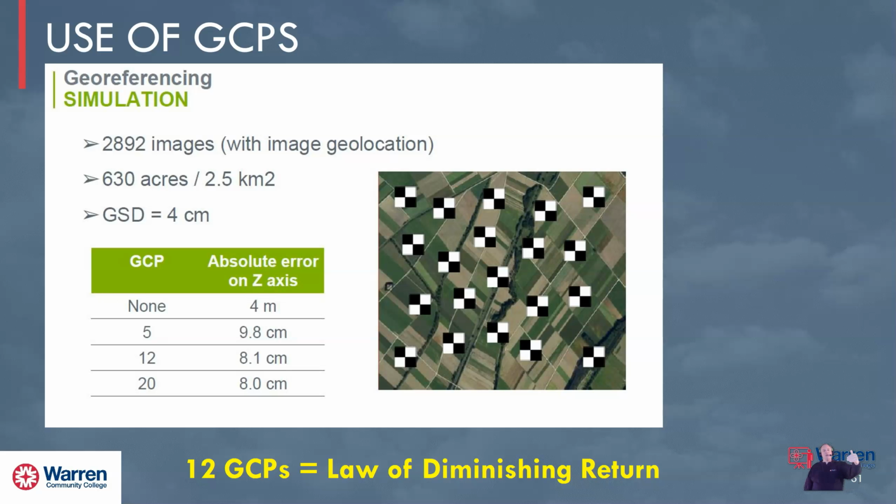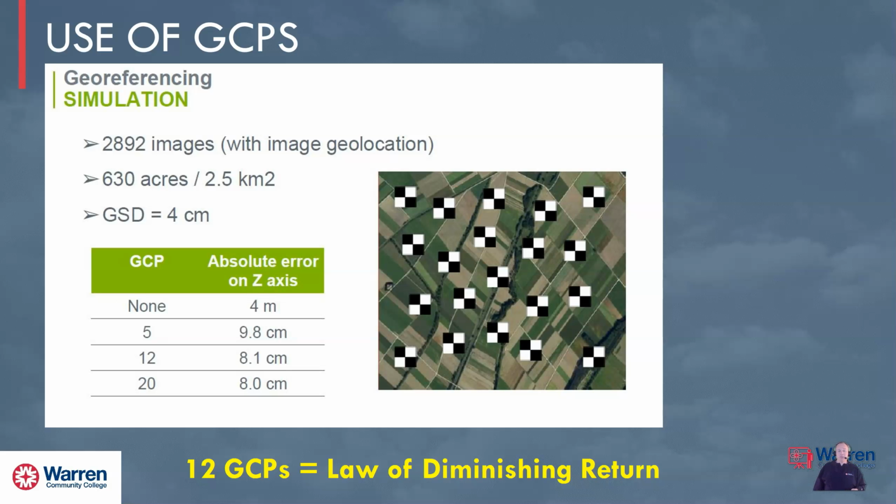So here's one they took, and it was 2,892 images with just the geolocation, 630 acres, so a large area, ground sampling distance of 4 centimeters, and then GCPs. So what was their error with no GCPs? It was 4.4 meters.